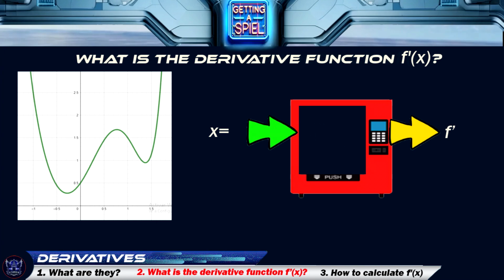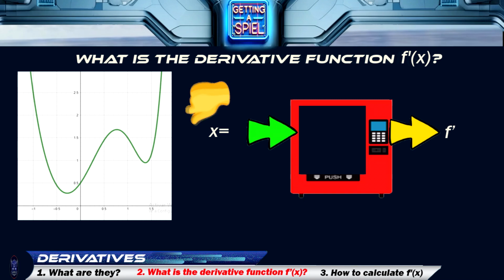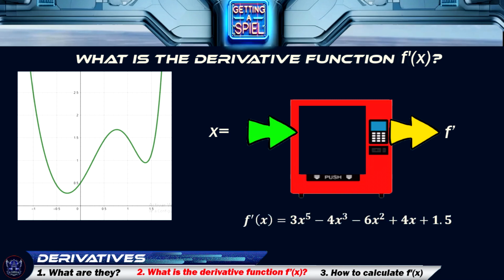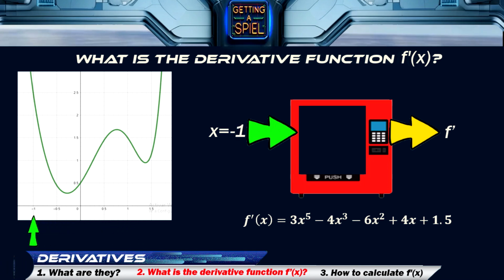Look. Here we have this function that we can graph. Now, I want you to trust me, because I promise that its derivative function, or simply its derivative, is this other function denoted as f prime. From the function f, give me a value of x whose slope you want to know. For example, x equals -1?